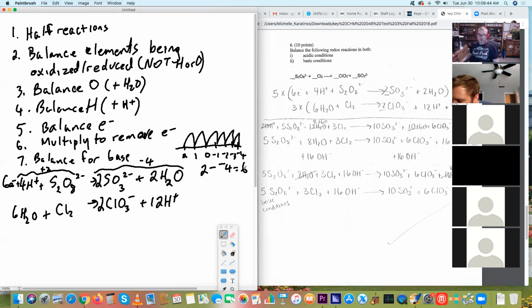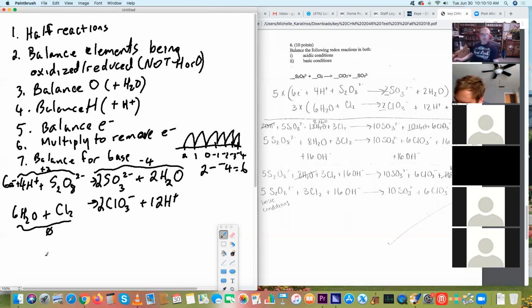All right. But the rule is find the difference between the two sides in charge, and then add that to the side that has the higher charge on it. So the side with +2 gets the 6 electrons. Now on the bottom, we've got 0.